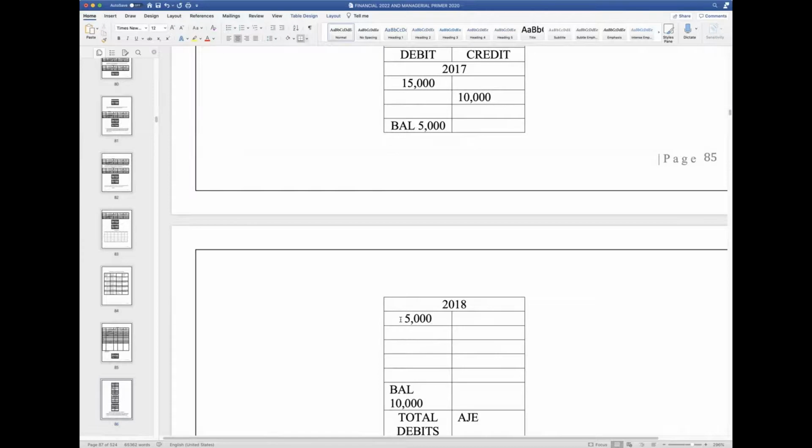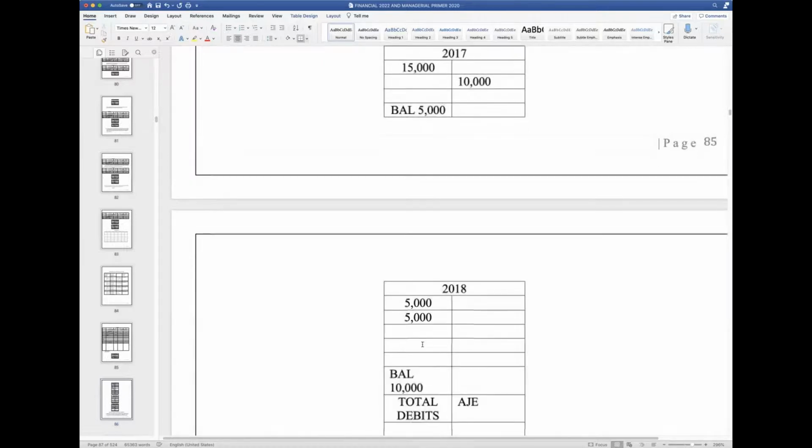Is it AJE 16,000? Well, we'll see. We got 11 on there. Okay. So 5,000 was the cash purchase, so we got to post that. Then we had the purchase on account, 10,000.